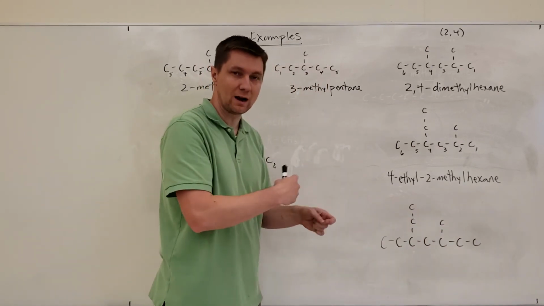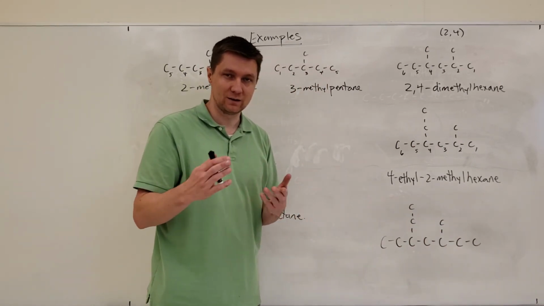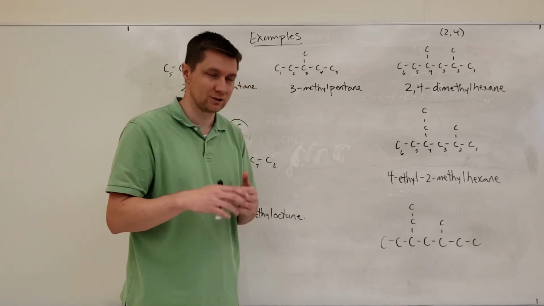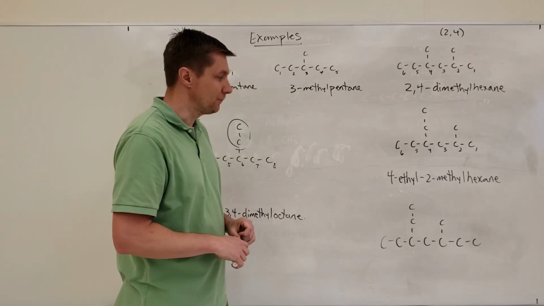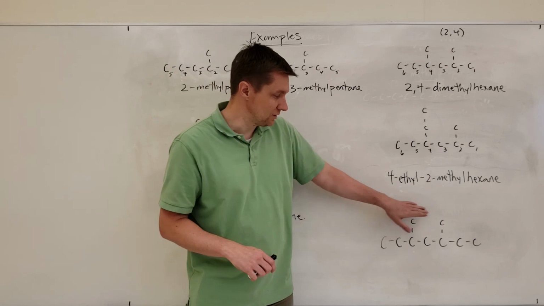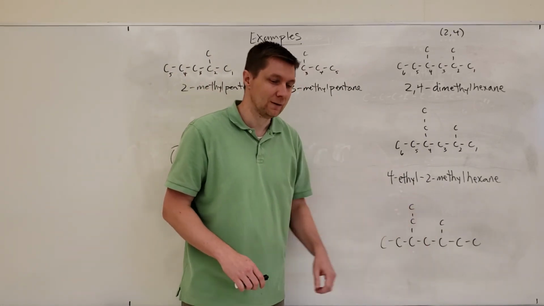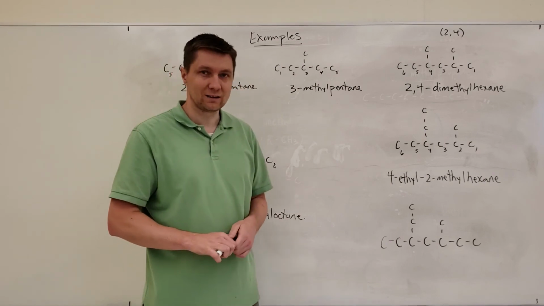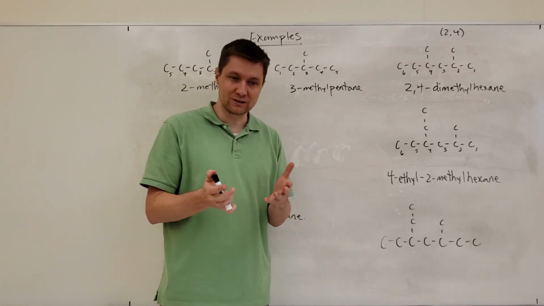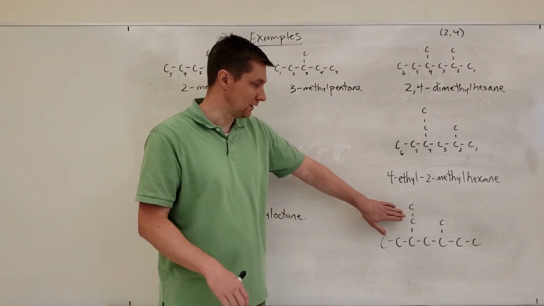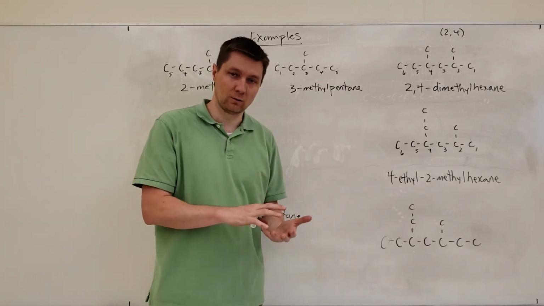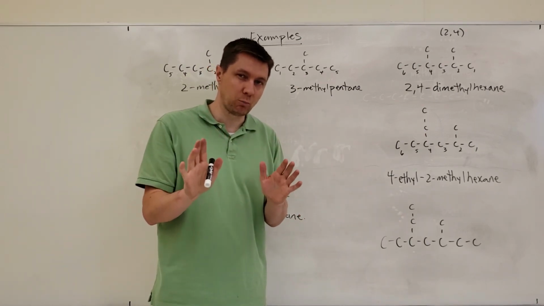So no matter which way I number this, the set of numbers that I'm going to have is going to be 3 and 5. But if I have 2 different branches here, so in this case you can see I've got ethyl and methyl, then I want to select the set of the numbering system that gives the ethyl branch the lower number. Now this is really important to note.